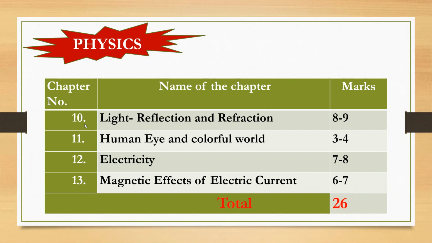The 10th chapter, light reflection and refraction, 8 to 9 marks. 11th chapter, 3 to 4 marks. 12th chapter, 7 to 8 marks. 13th chapter, 6 to 7 marks. Total 26. So chemistry is 26 marks, biology is 28, and physics is 26.